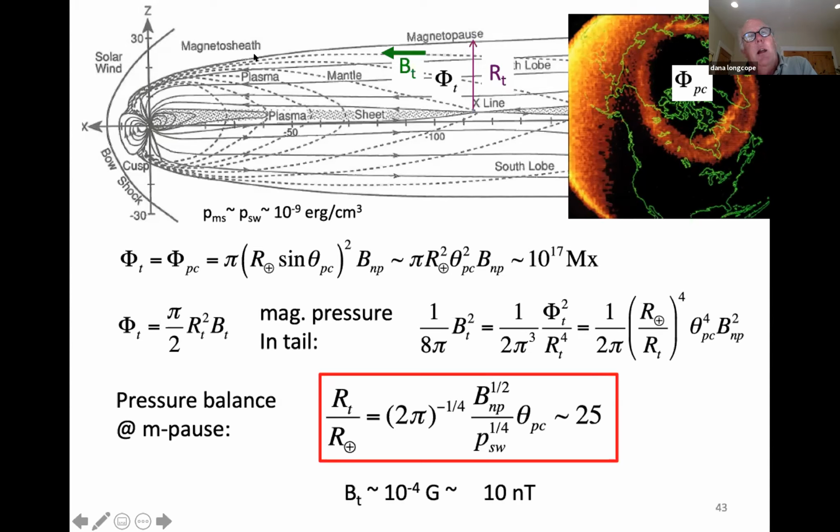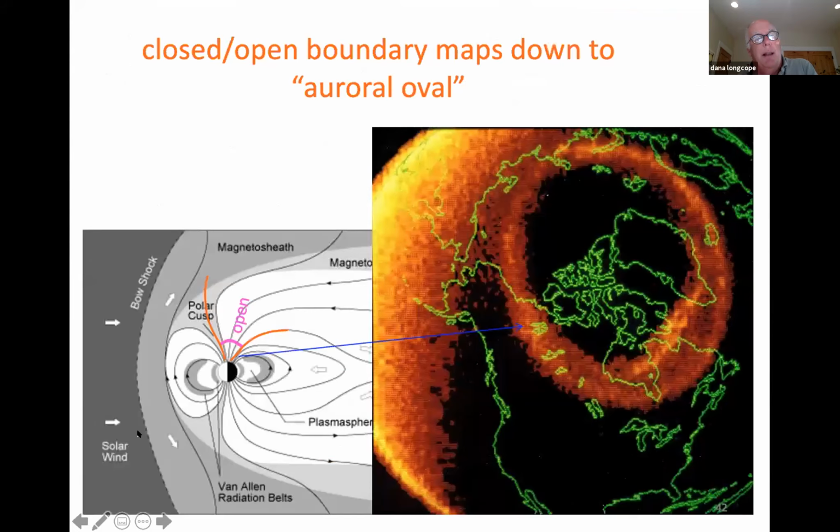And here there really hasn't been much of a shock. This has gone through where the Mach number is close to 1. So it's pretty much the same solar wind pressure as we've had before, and that has to balance the magnetic pressure in the magnetotail.